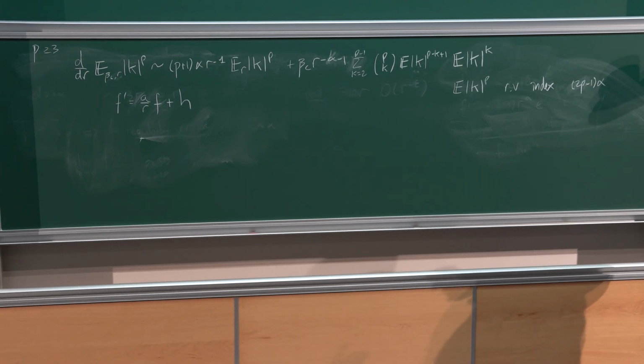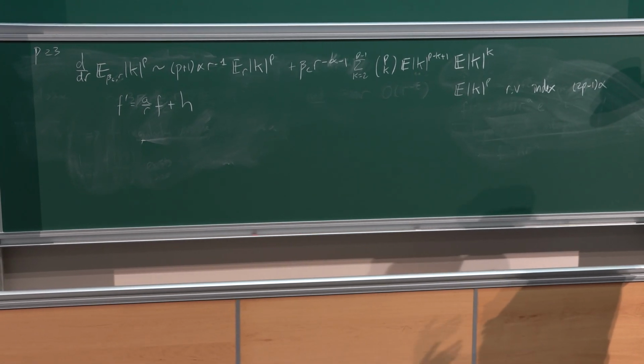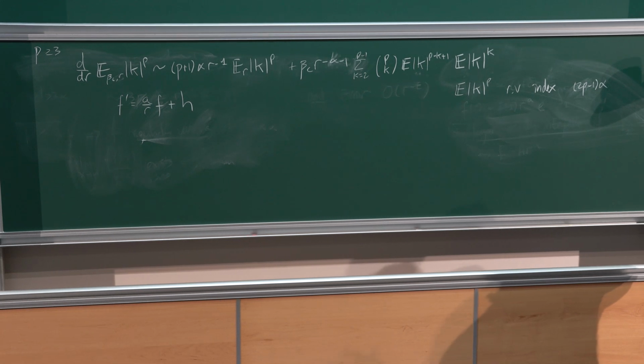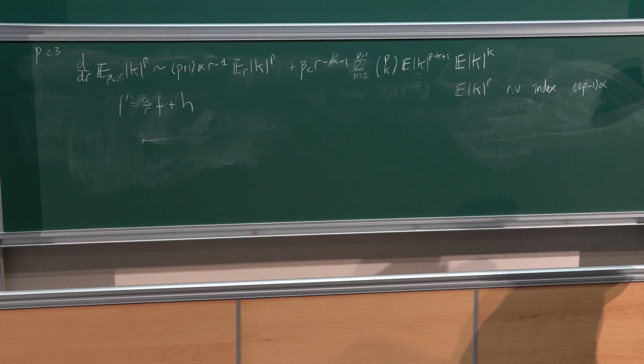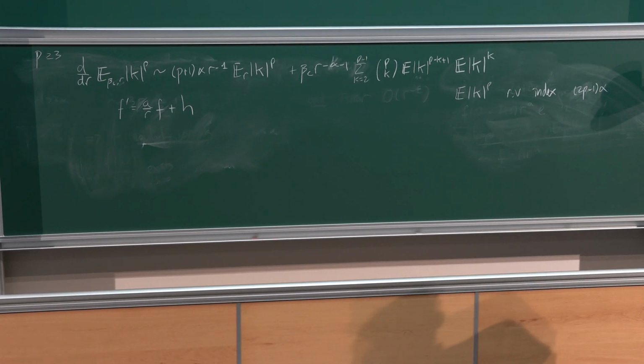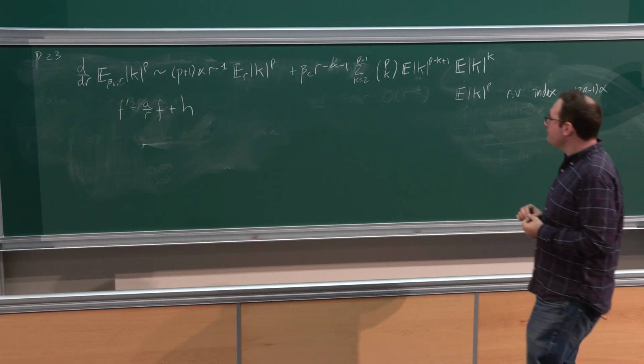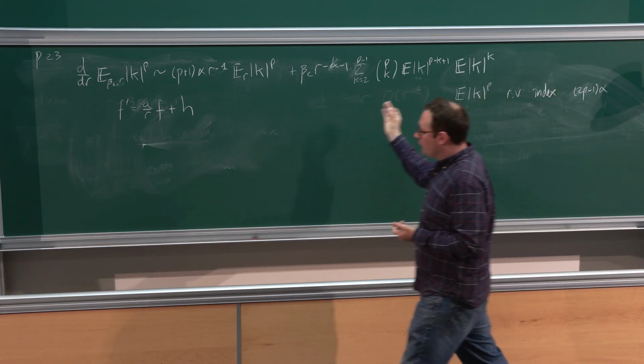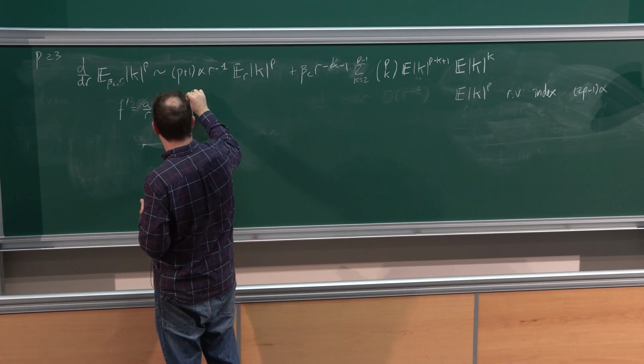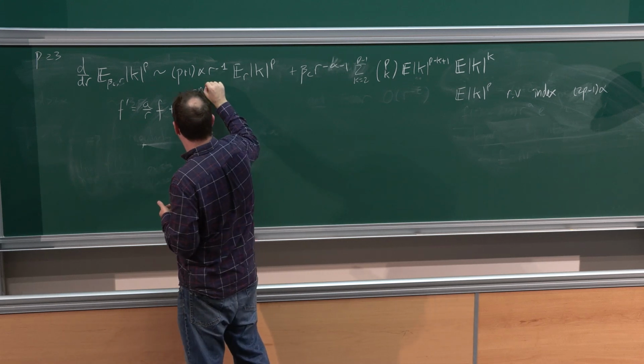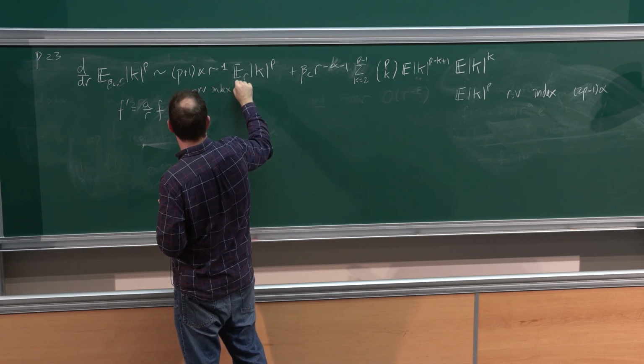This corresponds again to the tree graph inequality being sharp. The tree graph inequality bounds the pth moment by the 2p minus 1th power of the first moment. Okay, so the case we want to be interested in is where h is regularly varying of, let's say, index b.